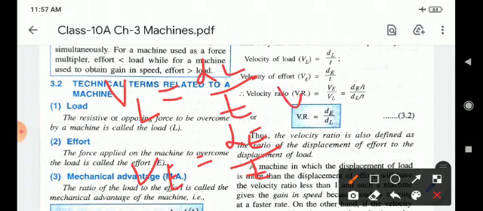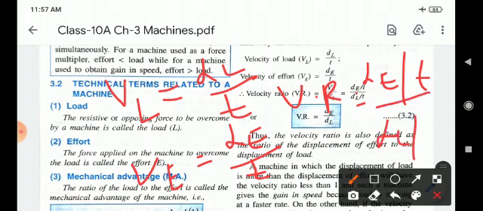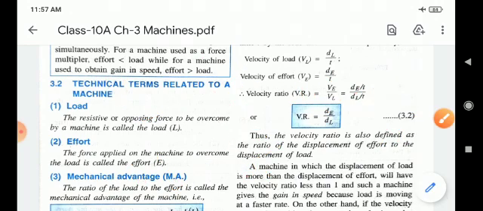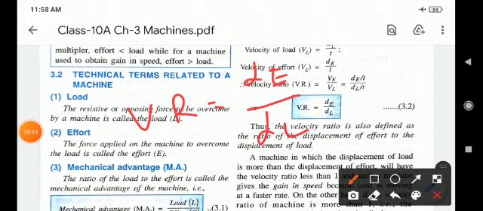Therefore, velocity ratio is equal to de upon t divided by dl upon t. That is, t cancels out. Therefore, velocity ratio is equal to de upon dl.